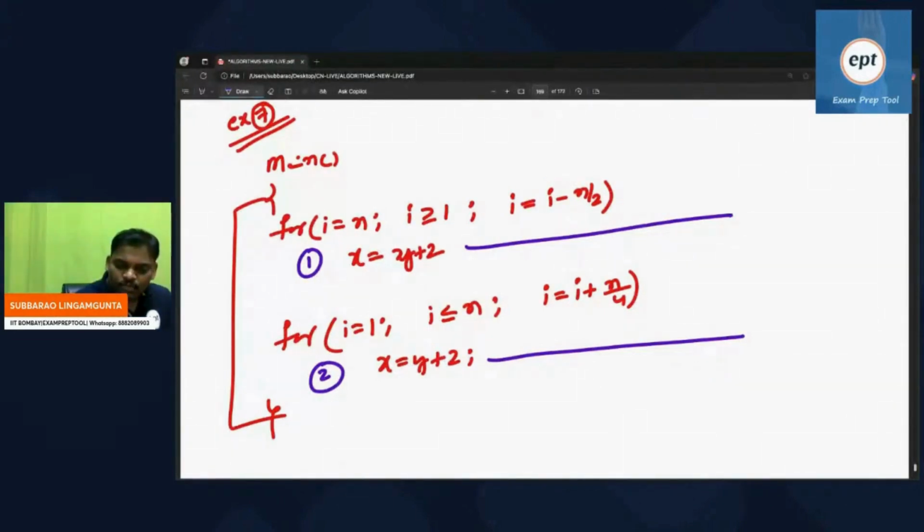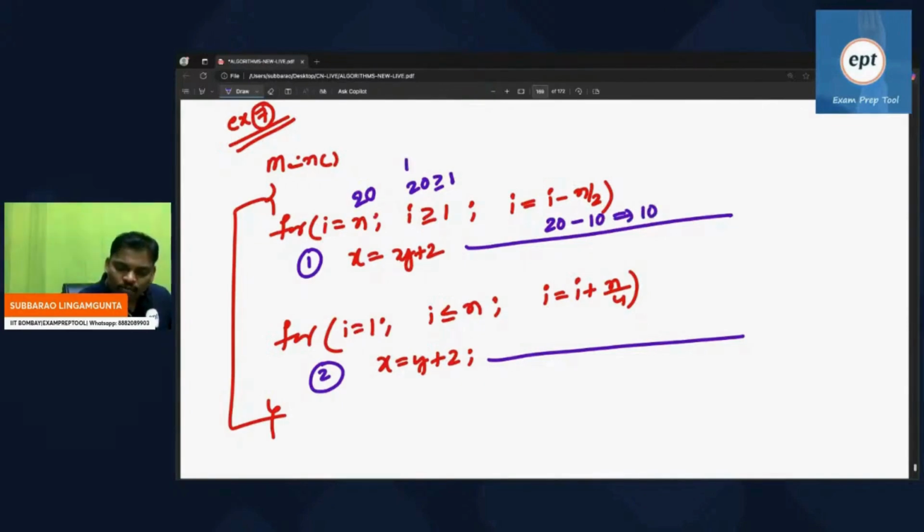Let us assume that n value is 20. If n value is 20, first i is 20, 20 greater than or equal to 1, condition true. Next, i is 20 minus n by 2, 20 by 2, 10 subtracted. So the remaining is 10 only.